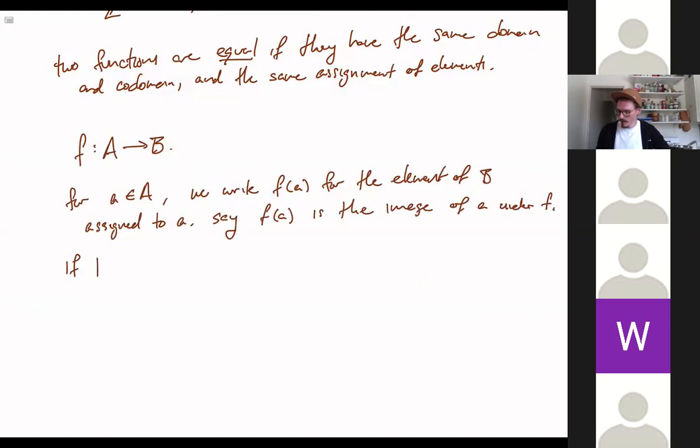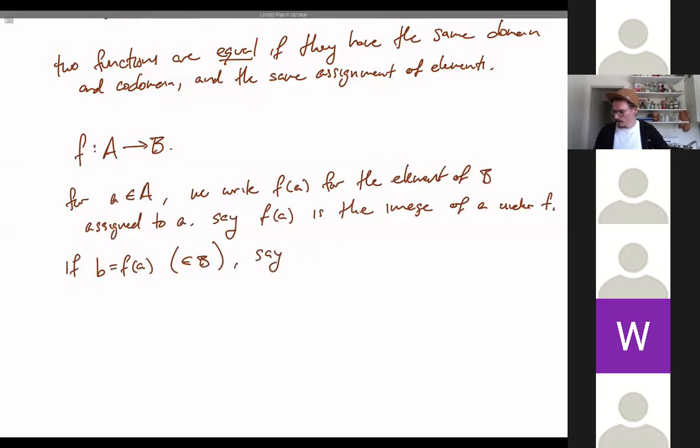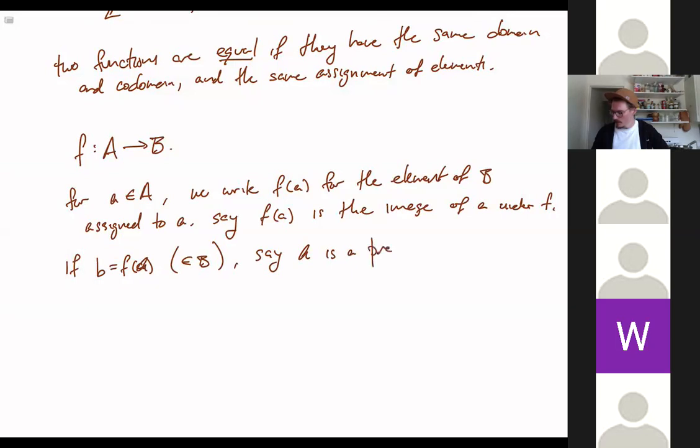So if little b is an element of B, so just to be clear, this is in B, but if little b can be written as f of a, then we say, let me try to differentiate my variable a and my English word a, we say a is a preimage of b.